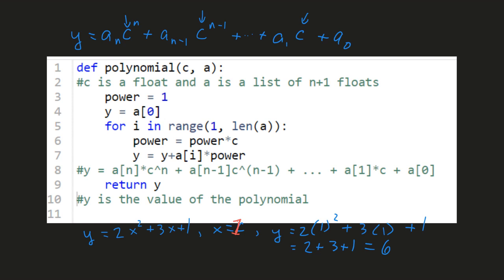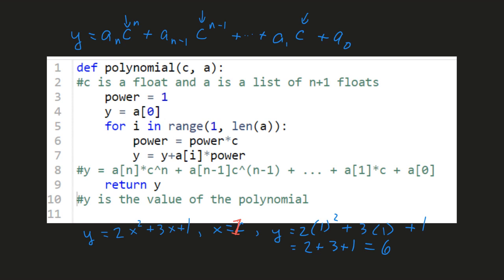Now I'm not going to do this, but it would be very good practice for you to take a simple polynomial like this and try to follow through this algorithm and see how it gives you that output. That would be an excellent exercise to practice.